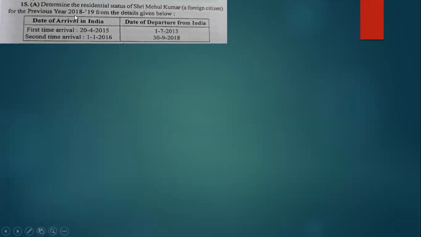Here we have to determine the residential status of Shri Mehul Kumar. He is a foreigner for the previous year 2018-19 from the details given below. Here we are given the dates of arrival and departure.